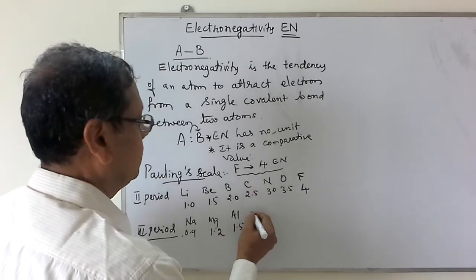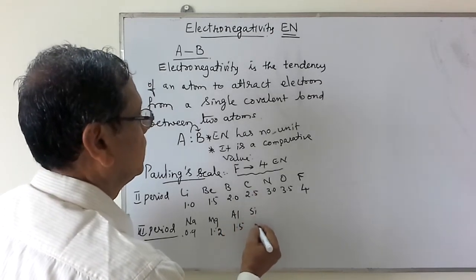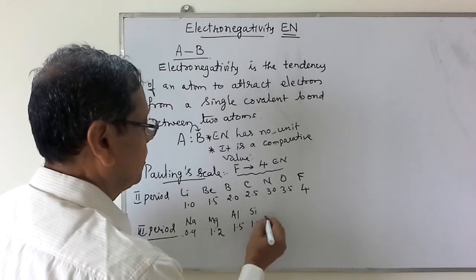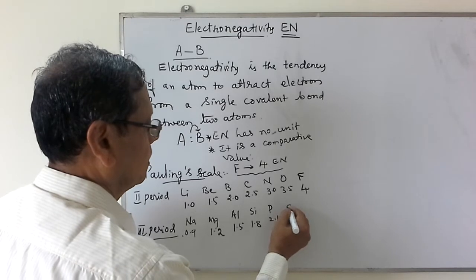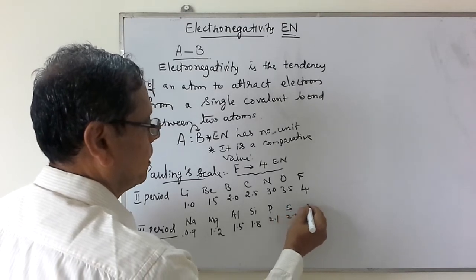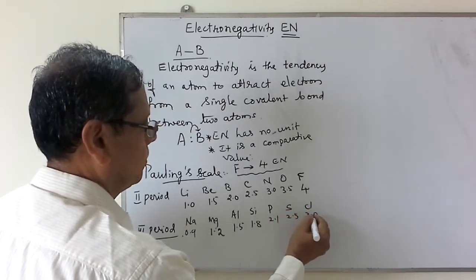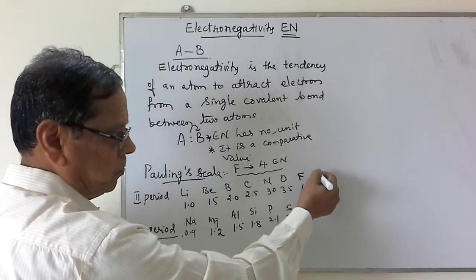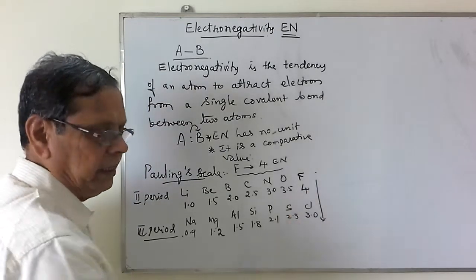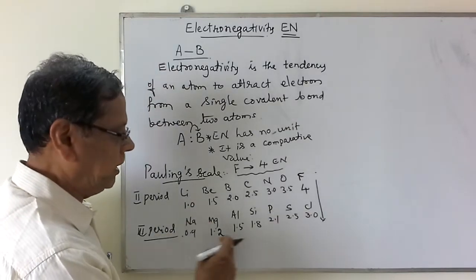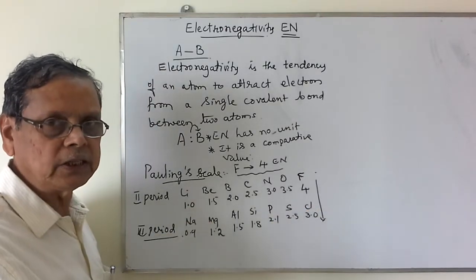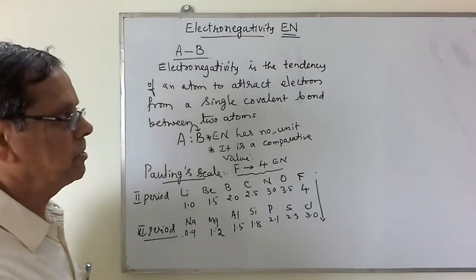For carbon, the next element is silicon, which has 1.8. Phosphorus 2.1. Then sulfur 2.5. Chlorine 3. So as we move down the group, the electronegativity decreases, while when we move from left to right, electronegativity increases. The tendency to attract the electron density becomes more and more.